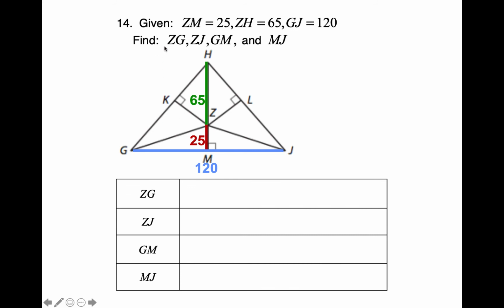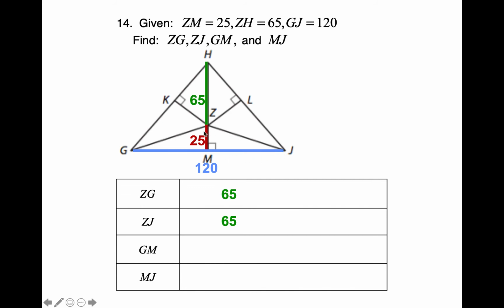We are asked to find from Z to G. So notice that's from the circumcenter to the vertex. And notice that length is 65. So ZG is 65. Okay, now we're looking from Z to J. Notice that's from the circumcenter to the vertex, so that is also 65.